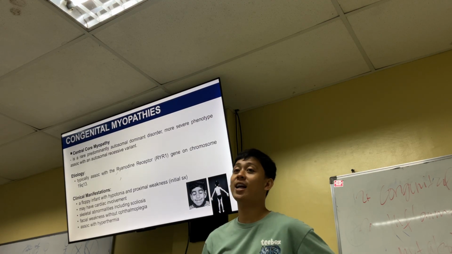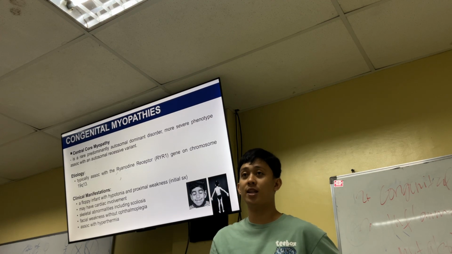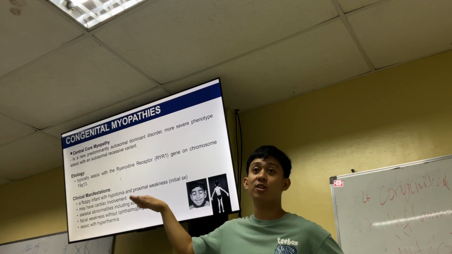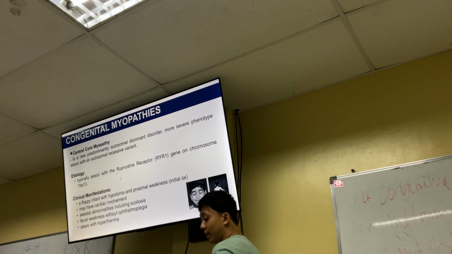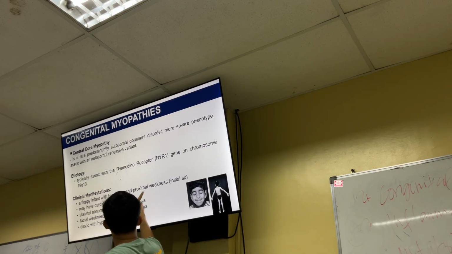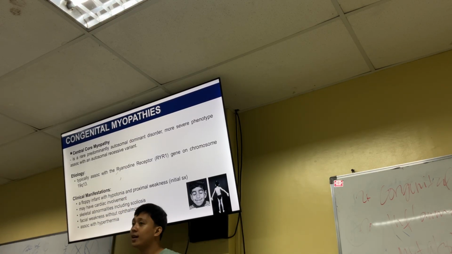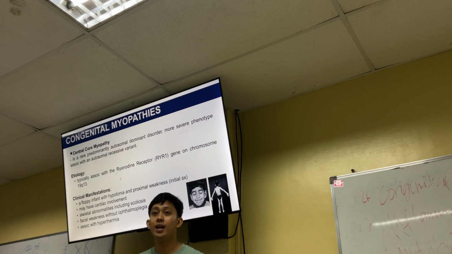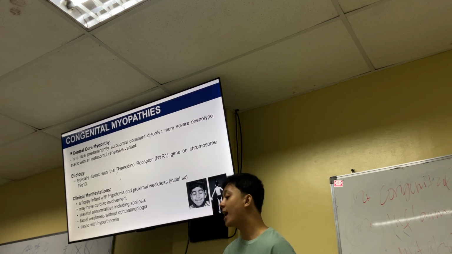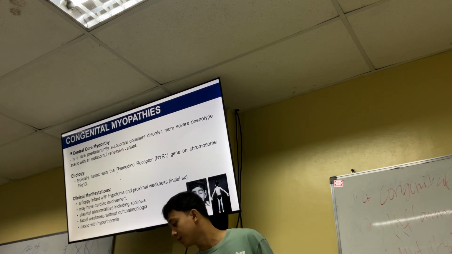Here, in congenital, it is also chromosome 19, but it depends on the variant of the chromosome. Okay? Clinical manifestation: a floppy infant with hypotonia and proximal weakness. So usually guys, when we talk about myopathies, the most common manifestation is your hypotonia. Okay? Most common.